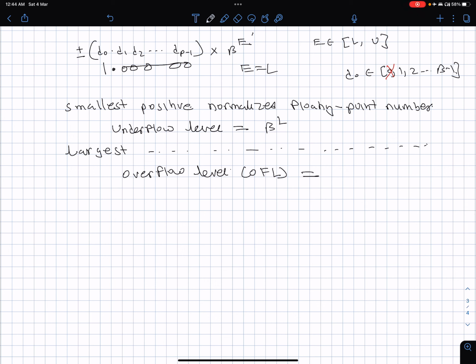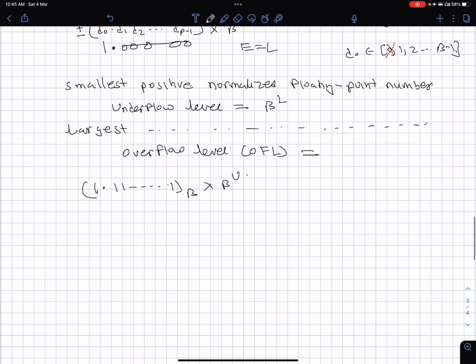Here it's clear that you want to set the largest possible number, so everything should be 1 and E should be set to U. So therefore you would write this number as 1.11111 in base beta, into beta to the power U.